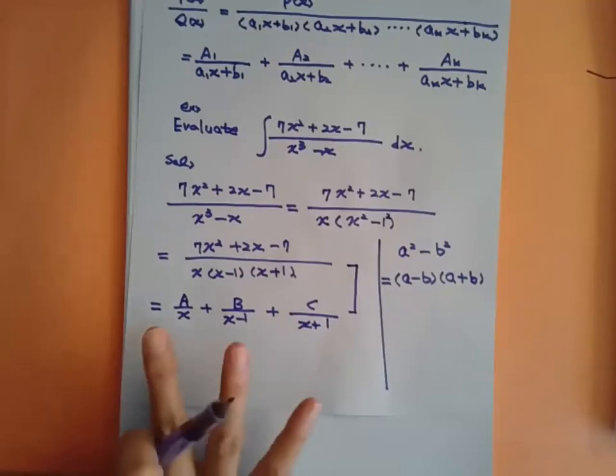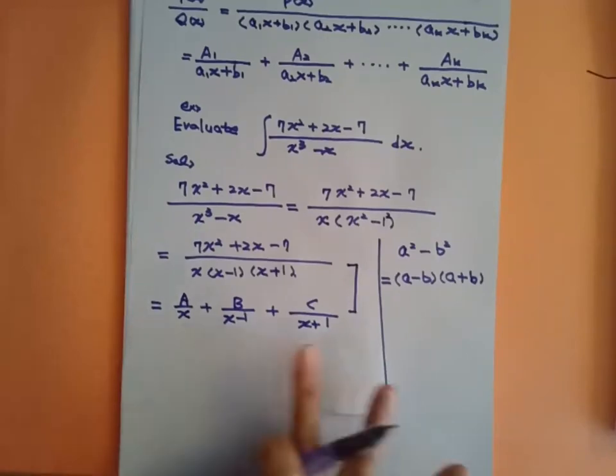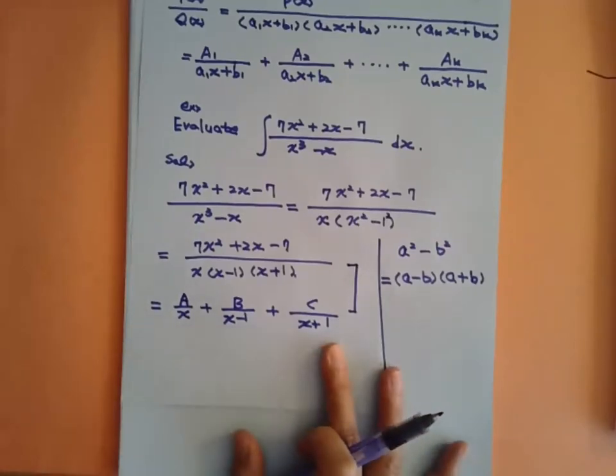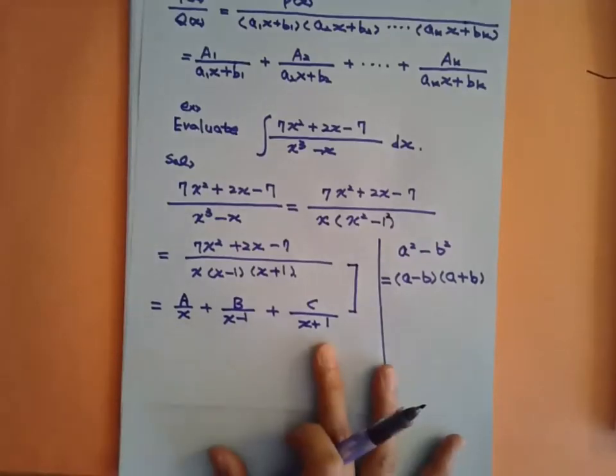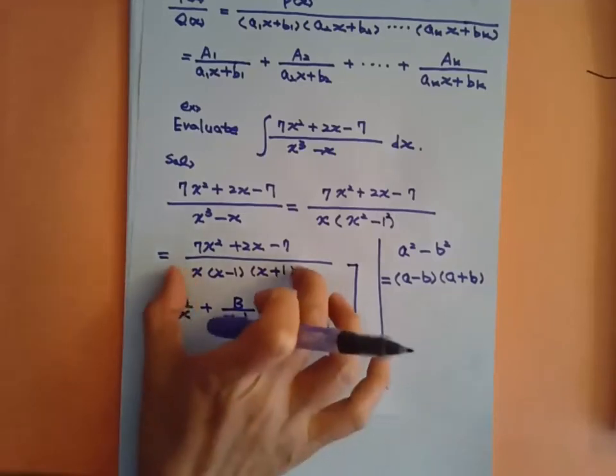So we split that into 3 fractions, and then the way we will work out the problem is we will think about the common denominator, which will be like this again.